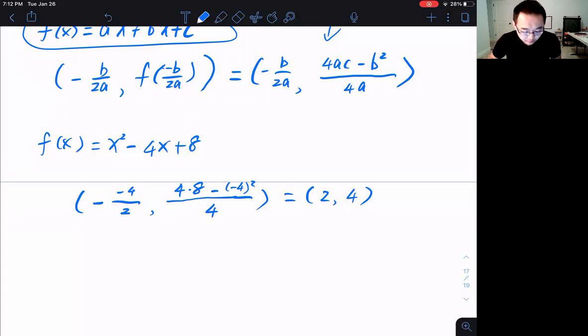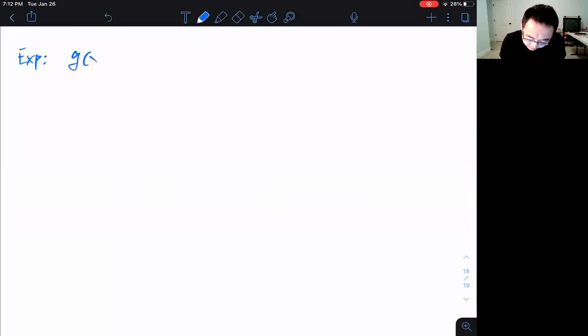Okay, so let's look at another example really quick. Let's say you have an equation where g of x equals x squared plus 6x plus 5. First, I want you to find the vertex.